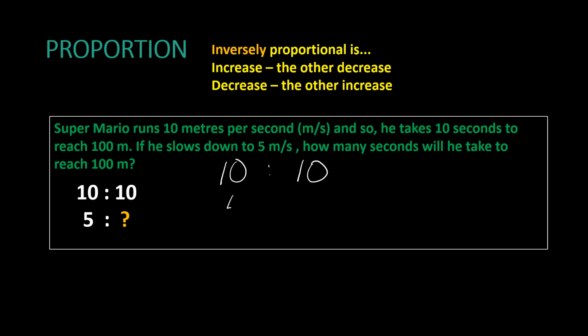If he slows down to 5 meters per second, which means divide by 2, and as we know, an inverse, we would just do the opposite, multiply. And so 10 times 2, we get 20. So he would take 20 seconds if he will slow down to 5 meters per second.